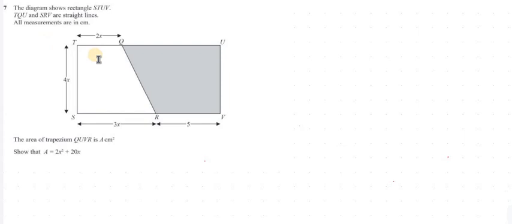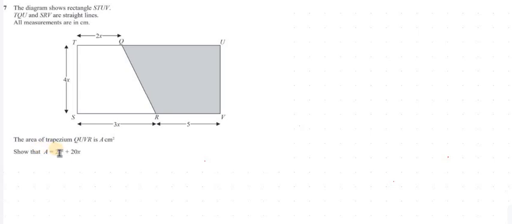Okay, question 7. The diagram shows rectangle STUV. TQU and SRV are straight lines. All measurements are in centimeters. The area of trapezium QUVR is A centimeters squared.